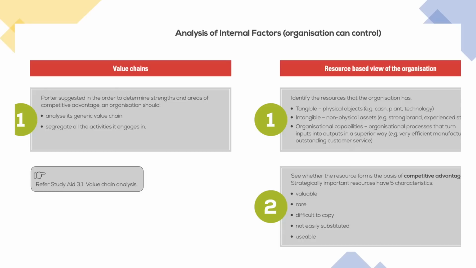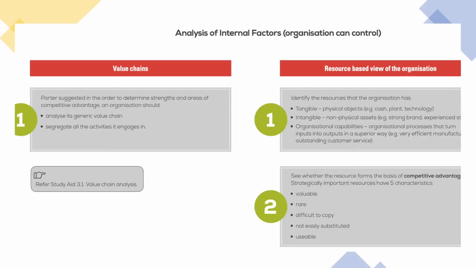Now, the second step: see whether the resources form the basis of competitive advantage. Because we are doing the resource-based view of the organization, we are definitely looking into competitive advantage. Strategically important resources have 5 characteristics. What are these characteristics? They are valuable, rare, difficult to copy.